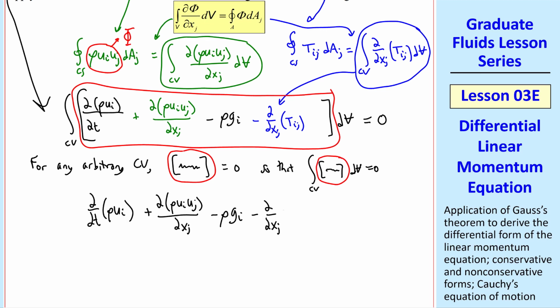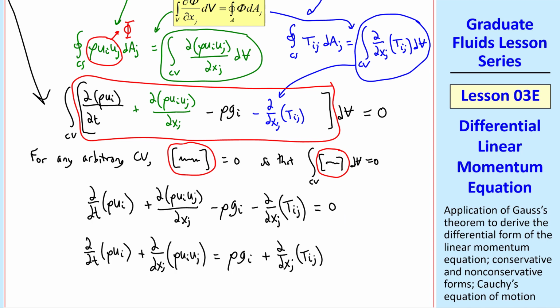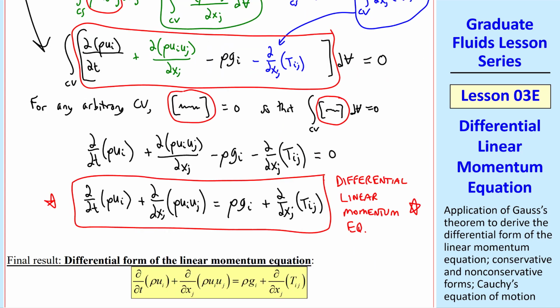Basically everything encircled in red has to be 0. We typically put these two negative terms back on the right-hand side, giving us this equation, which is our differential linear momentum equation. I typed it up here. Notice that the j's are summed in these two terms, and i is a free index in all of these terms. So this is a vector equation.